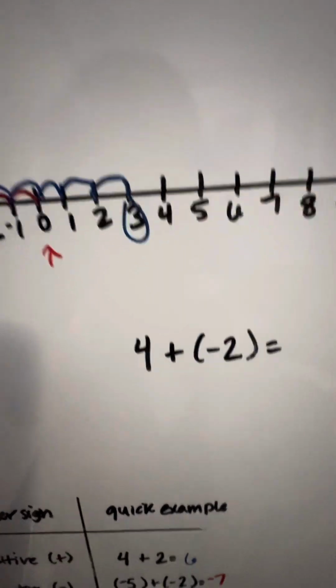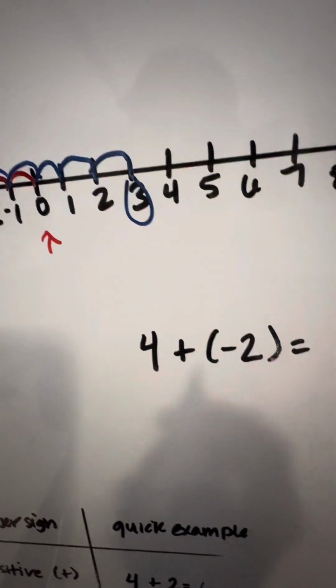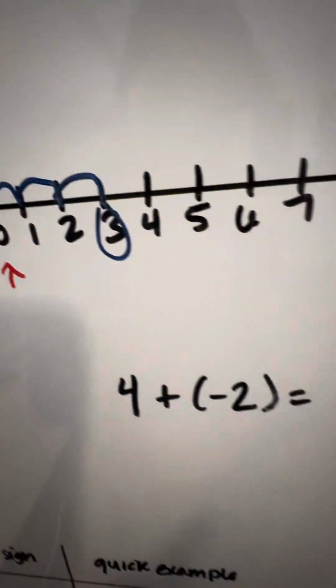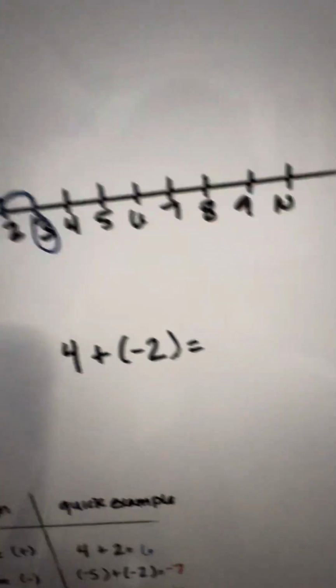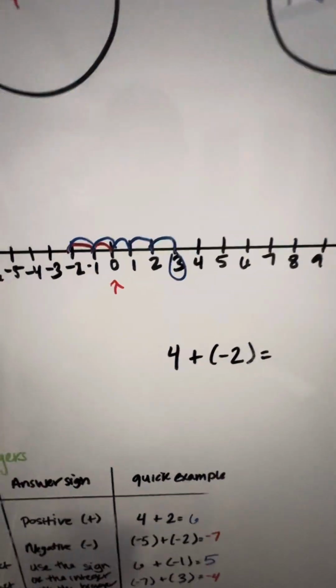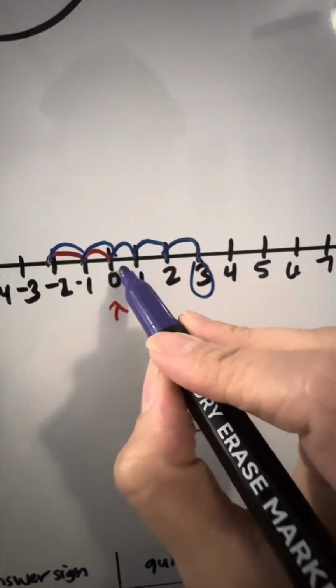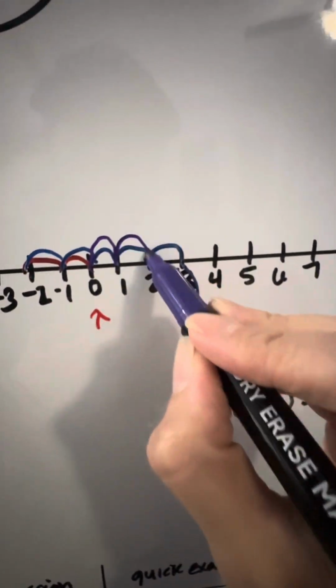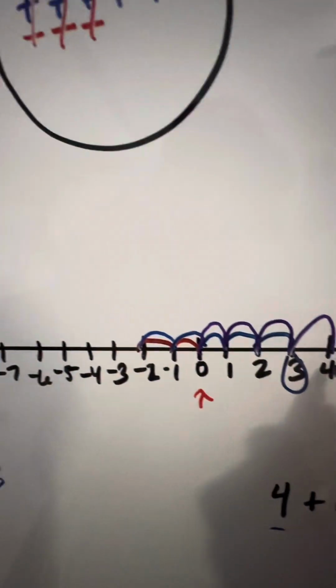Now let's do one more. We're going to do positive 4 plus negative 2. So let me switch the color so it doesn't get confusing. We'll do purple and green. So positive 4, we're going to go 1, 2, 3, 4, making it bigger so it stands out.